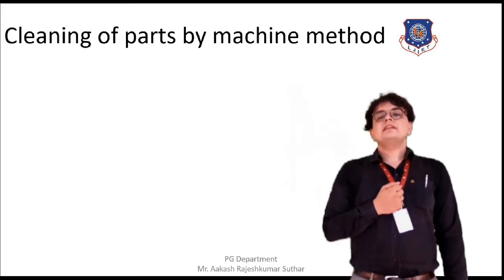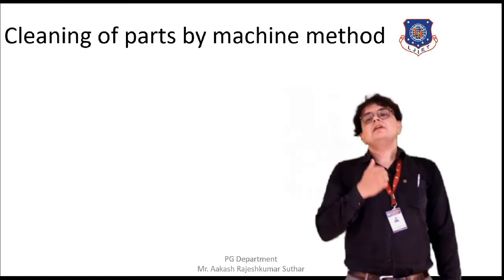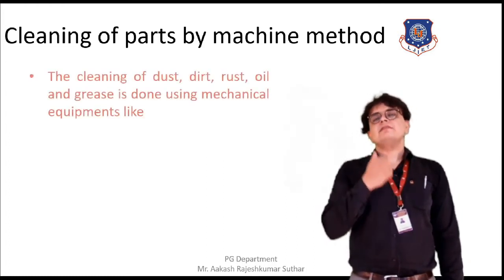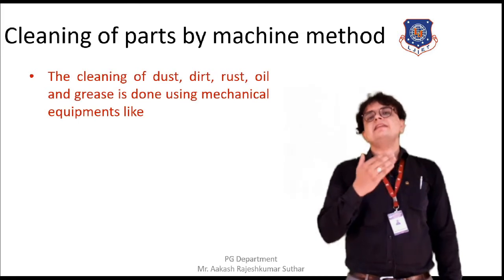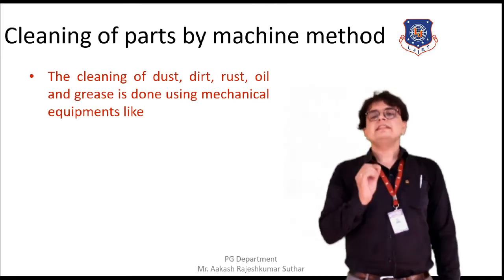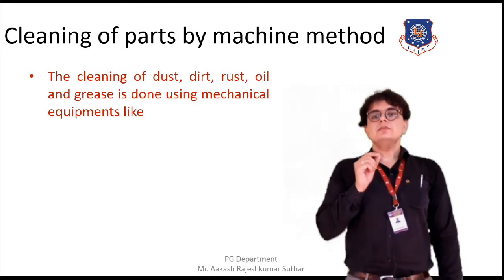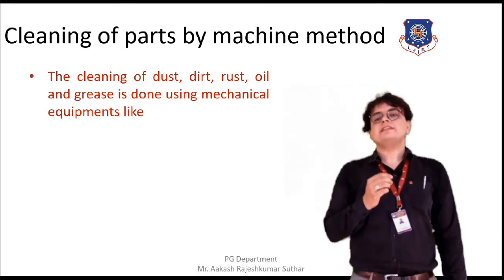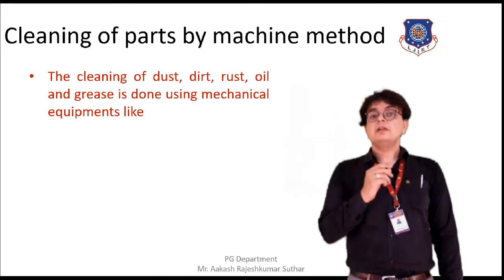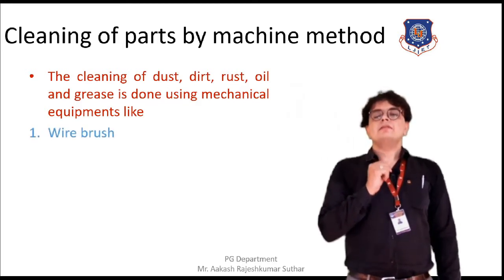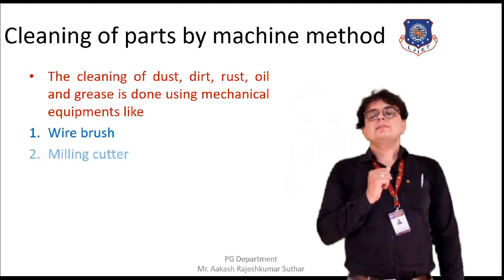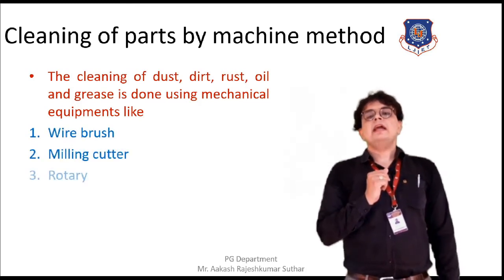The next method is cleaning with the help of a machine method. This is widely adopted in industries and many other factories. Here the cleaning of the dirt, dust, oil and grease from the outer surface is done with the help of mechanical equipment like a wire brush, milling cutter and rotary.